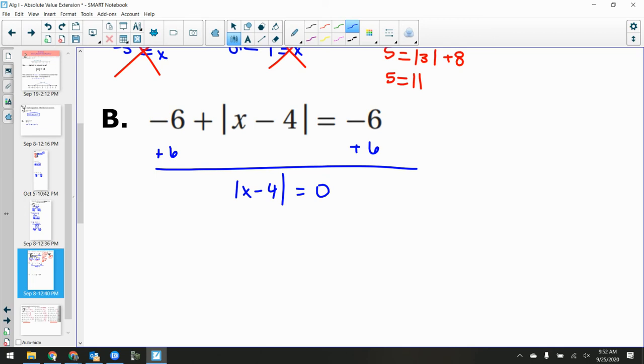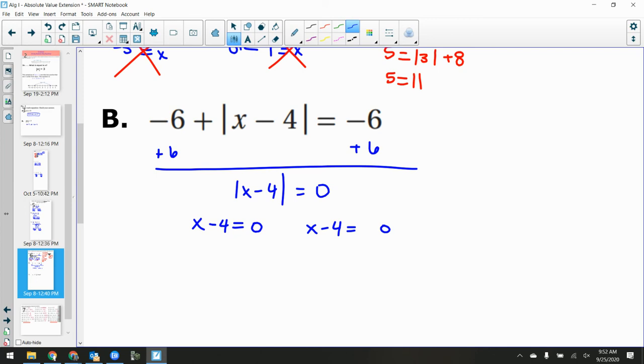The absolute value is positive or negative, right? Positive 0, does that make sense? Negative, does that make sense? What's anything times 0? 0. So that negative really doesn't make sense there. Didn't I write down the exact same thing?